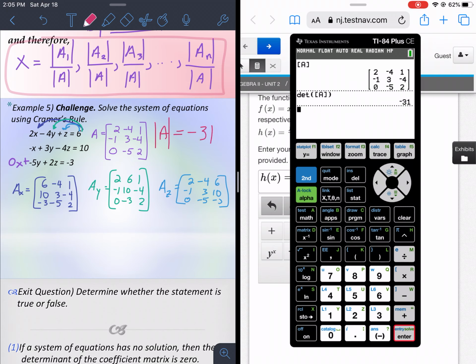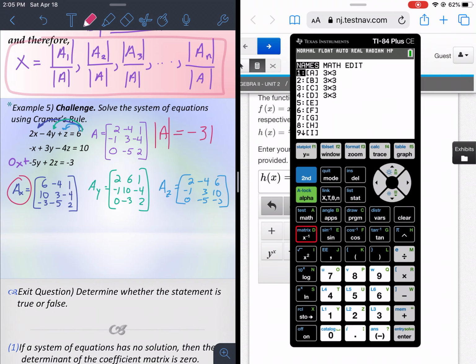I'm going to go ahead and do that for all 4 of my matrices. Now, AX is actually going to be my B matrix in this calculator. So B. Enter.